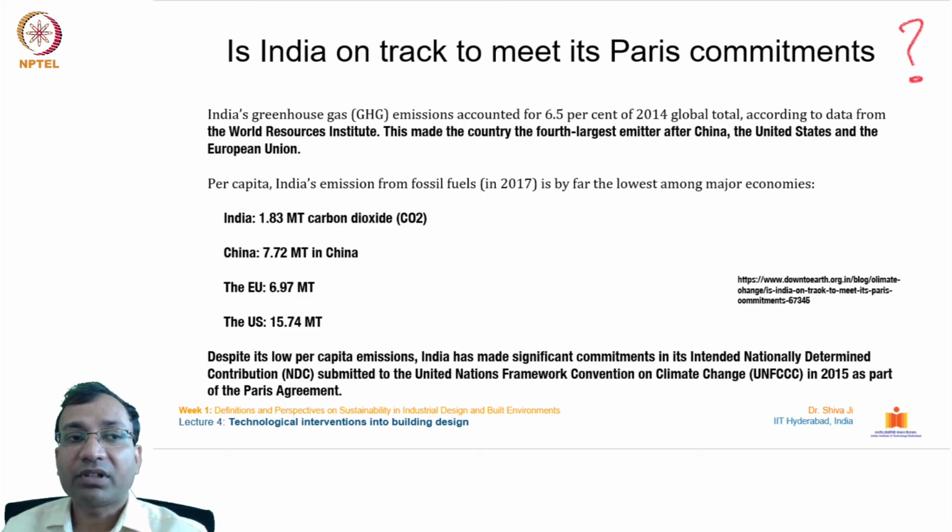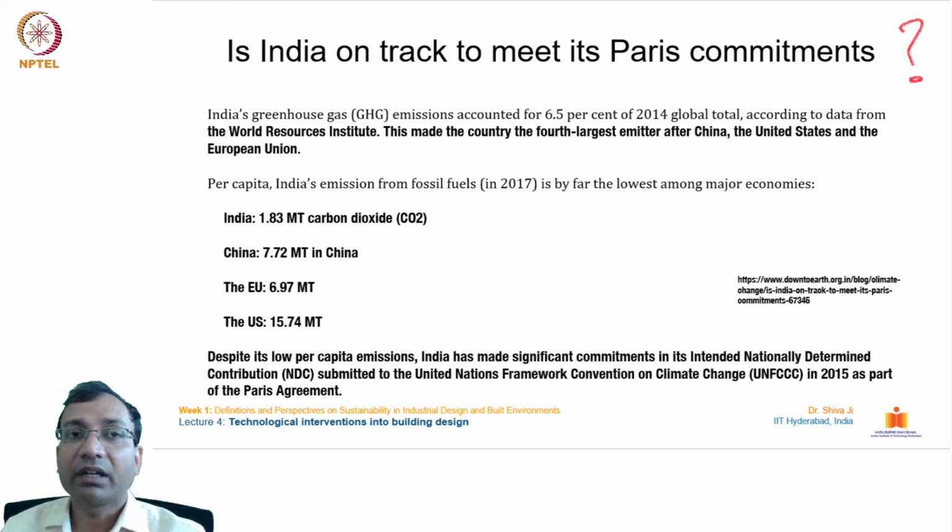Despite its low per capita emissions, India has made significant commitments in its intended nationally determined contribution submitted to the United Nations Framework Convention on Climate Change (UNFCCC) in 2015 as part of the Paris Agreement.